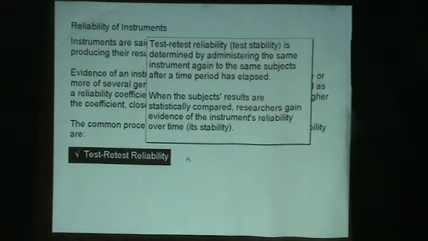Test-retest reliability, or sometimes referred to as test stability, is determined by administering the same test or instrument again to the same group of subjects after a period of time has elapsed.